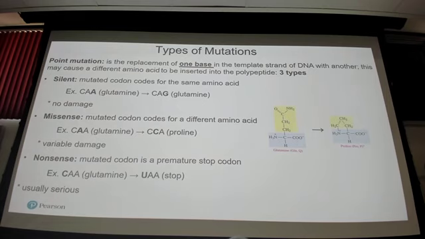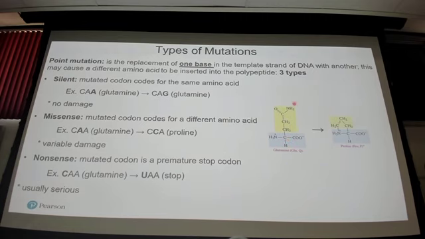Say it again. Where would the R group be in that example? This right here, these are the R groups. So if we have glutamine, it's supposed to be the amino acid, and a mutation causes it to be changed to proline. This is a missense mutation. Then you go from this R group to this R group.